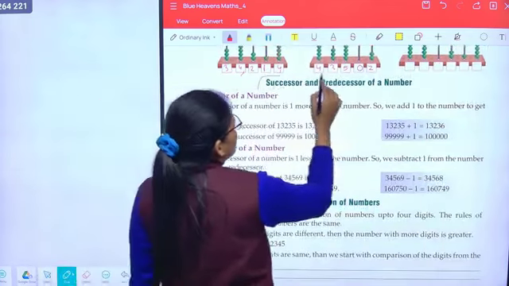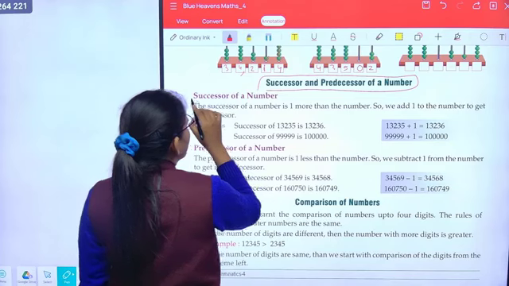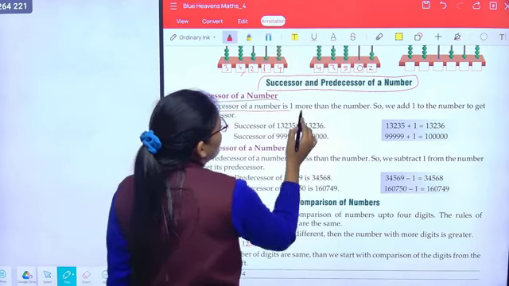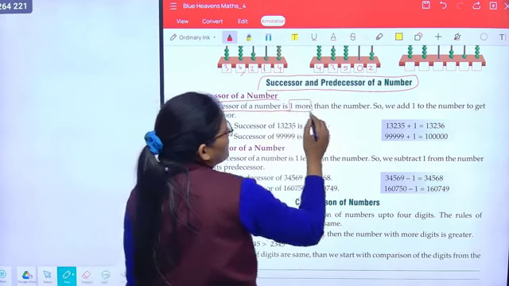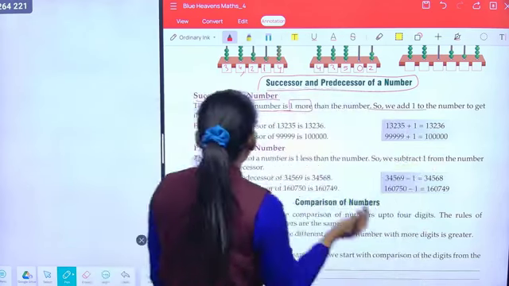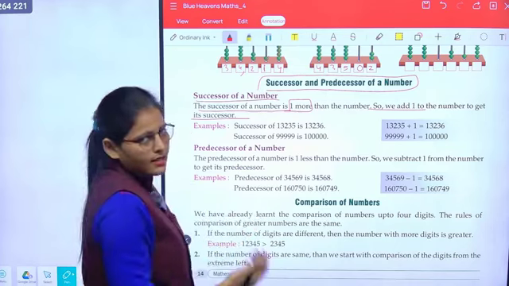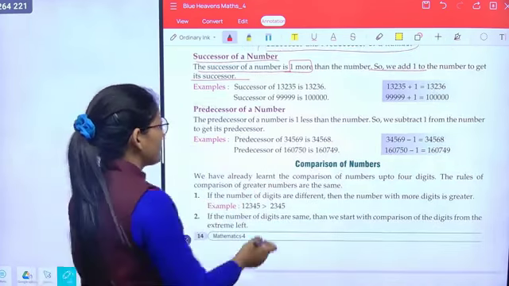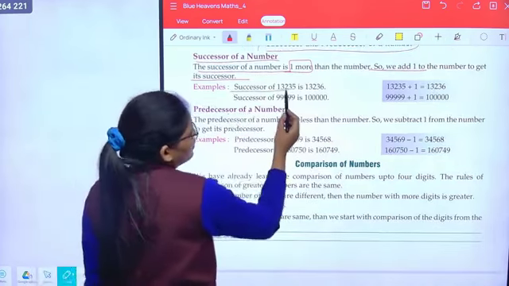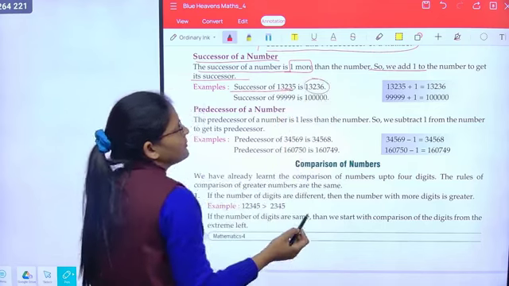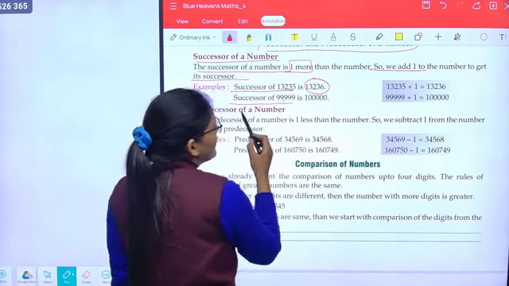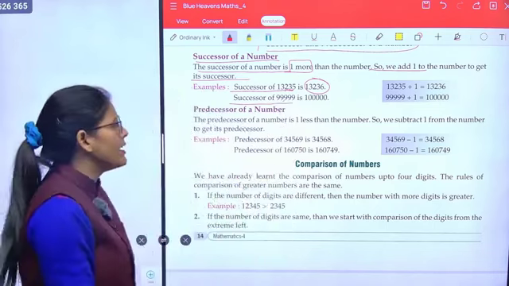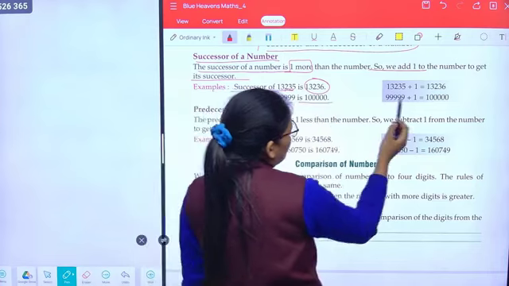Now students, successor and predecessor of a number. Successor of a number is one more than the number. So we add 1 to the number to get its successor. Example, successor of 13,235 is 13,236. Now successor of 99,999 is 1 lakh.